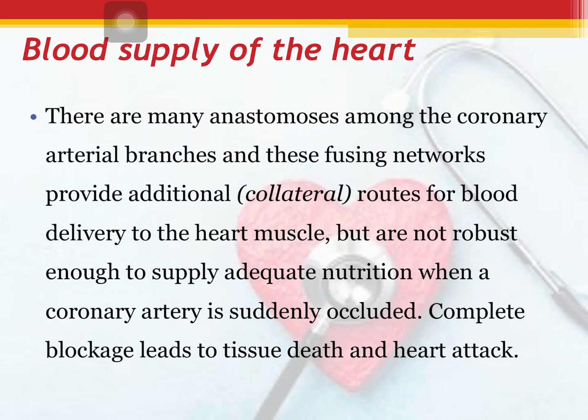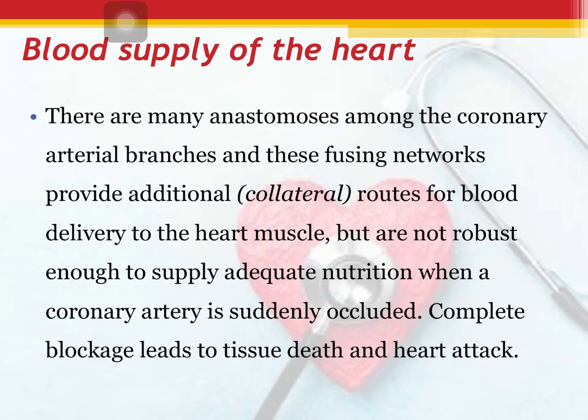There are many anastomoses among the coronary arterial branches, and these fusing networks provide additional or collateral routes for blood delivery to the heart muscle. But they are not strong enough to supply adequate nutrition when a coronary artery is suddenly occluded. Coronary artery occlusion leads to complete blockage, tissue death, and usually a heart attack.